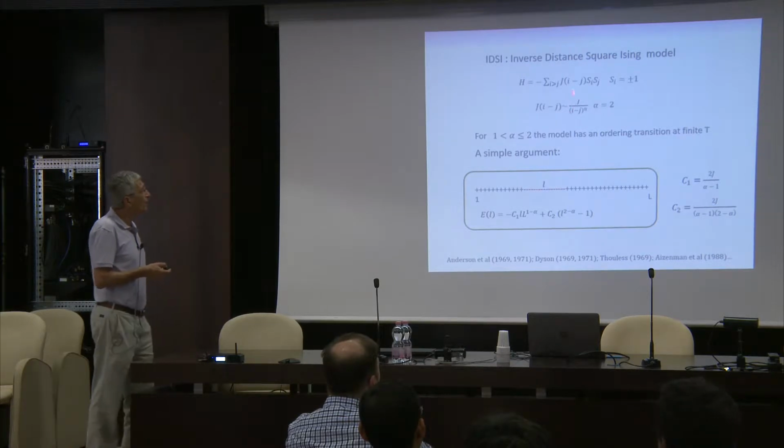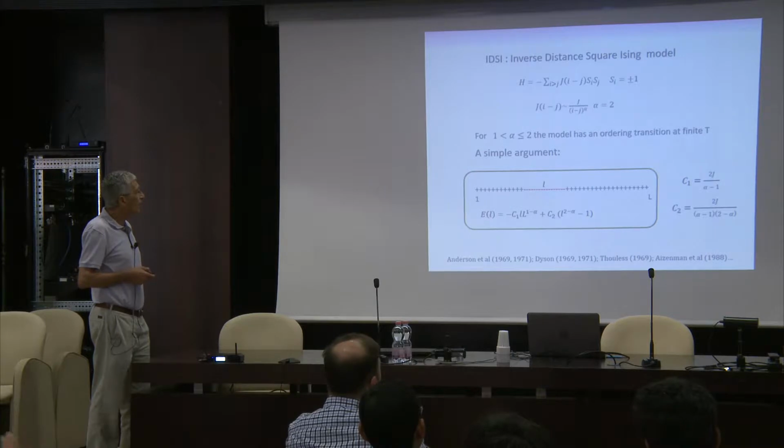Now, in general, if the power is |i minus j| to the power alpha, then we know that if alpha is between 1 and 2, there is a phase transition in the system. Right? For alpha above 2, it's like short-range interaction. With alpha between 1 and 2, there is a first-order transition. And the interesting case I'm going to talk about is alpha equals 2, which is specifically at the borderline between this and that.